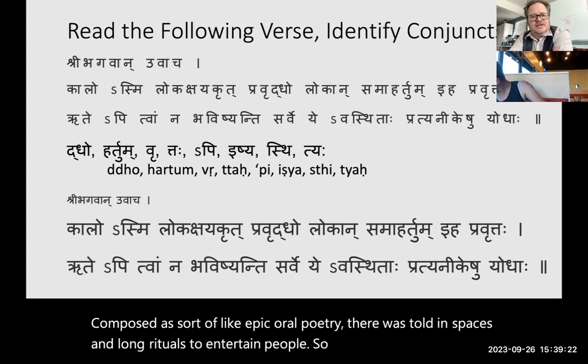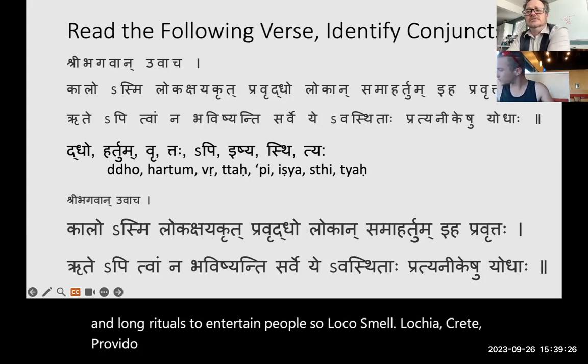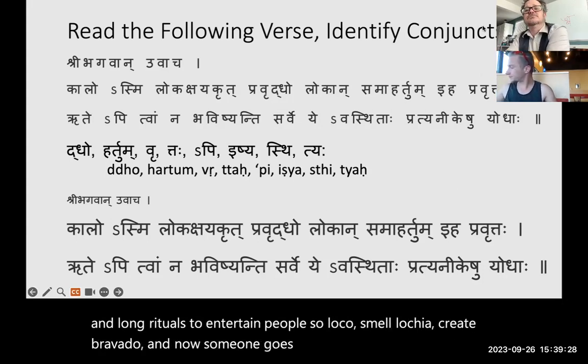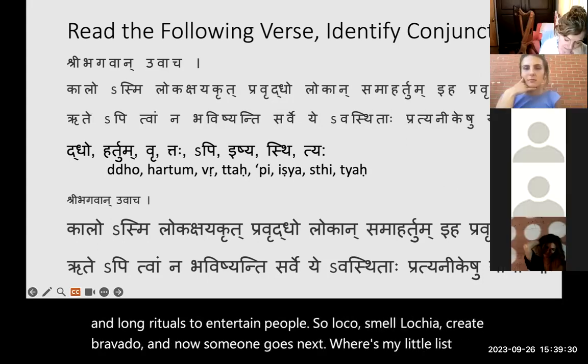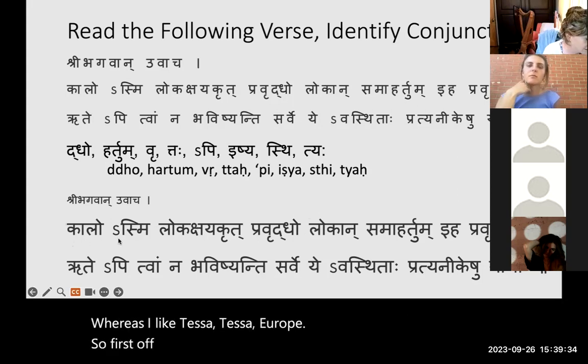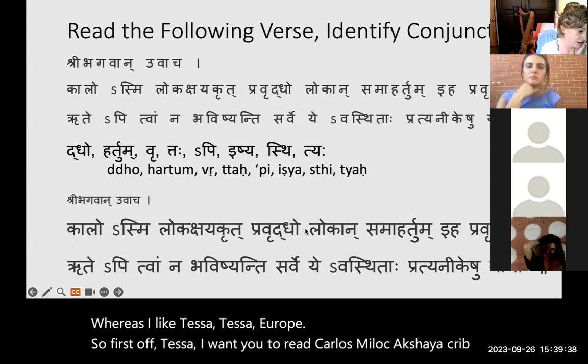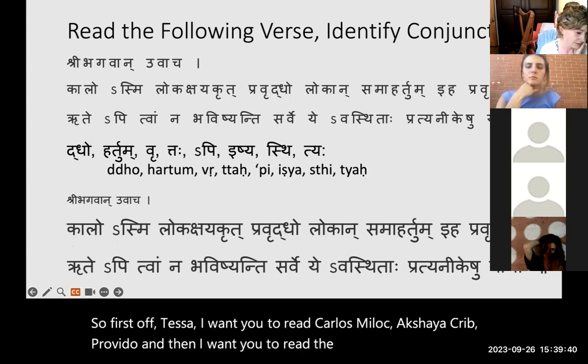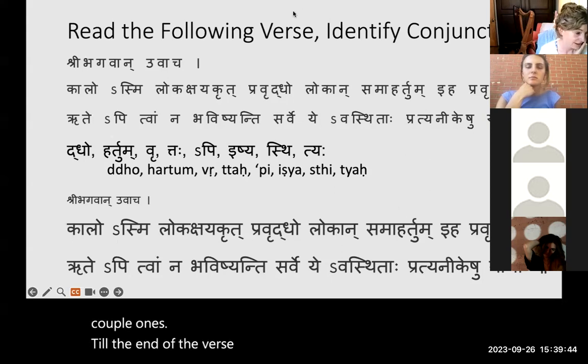So, Kalosmi, lokakshayakrit, pravridho. And now someone goes next. Tessa, you're up. First, Tessa, I want you to read Kalosmi, lokakshayakrit, pravridho, and then the next couple of words till the end of the verse.